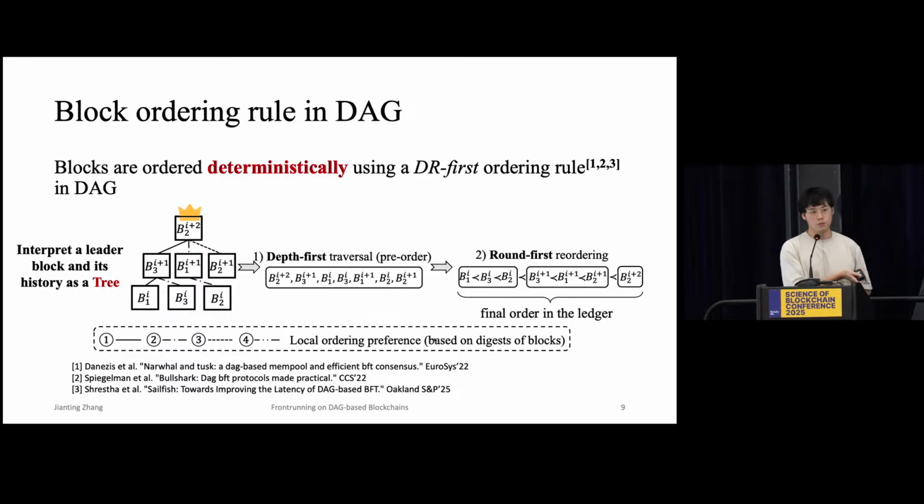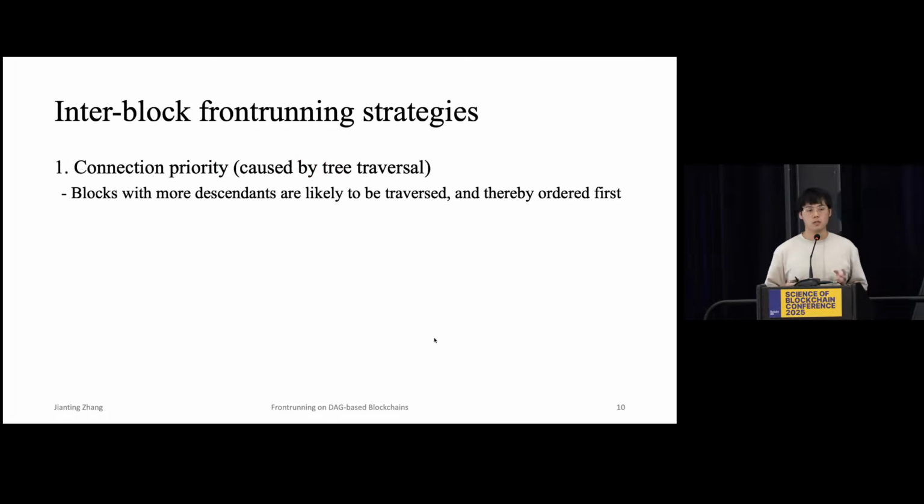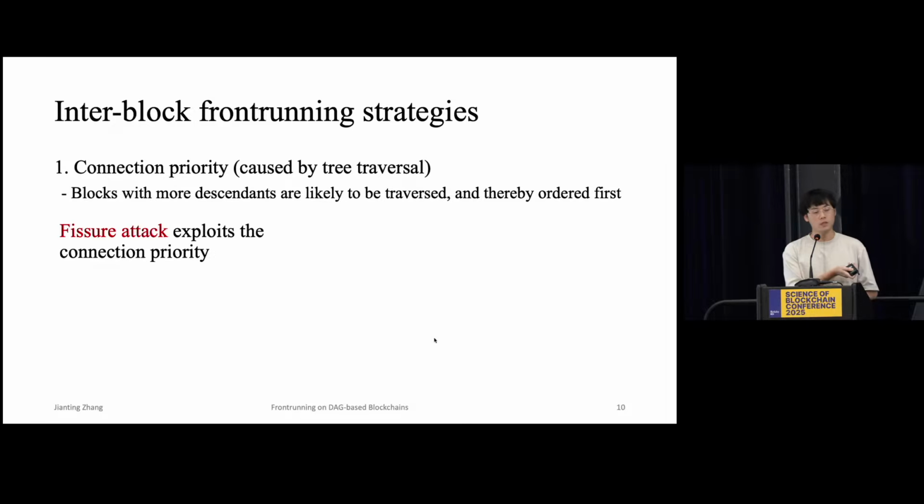We find that such block ordering rules expose several inter-block front-running vulnerabilities. The first one is connection priority. Basically, if a block is connected by more descendants, that is, connected by more blocks from subsequent rounds, then the block is more likely to be ordered first. Based on this observation, we propose a specific front-running strategy called the fisher attack.